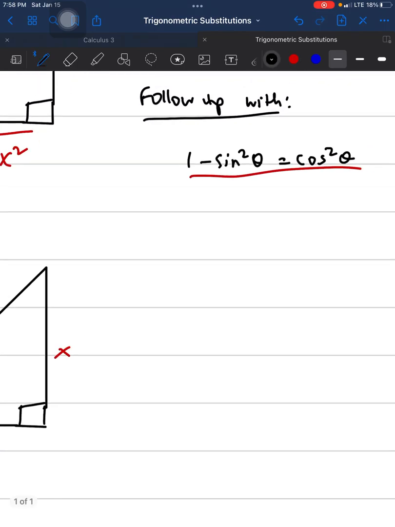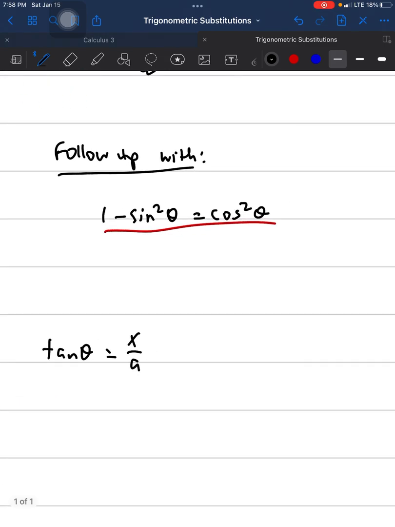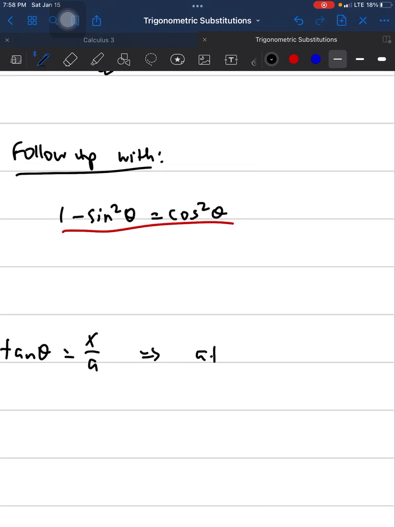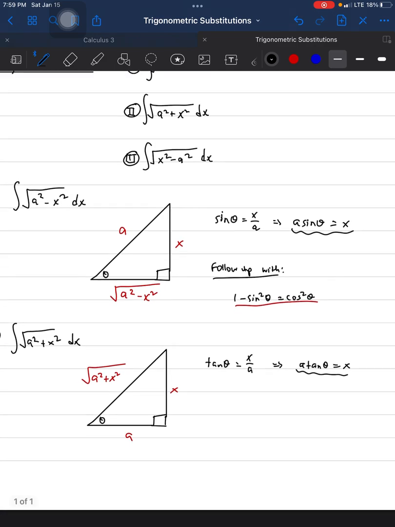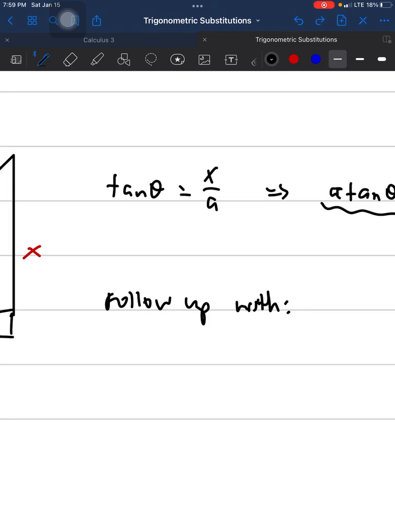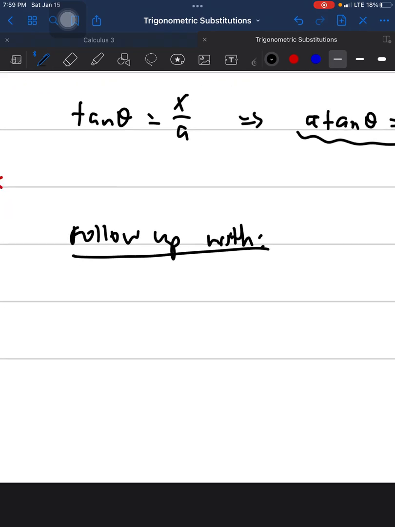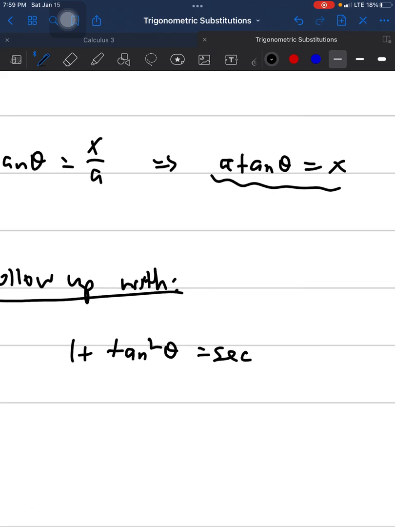So we put x over here and a over here, and we end up with tangent theta is equal to x over a. When you solve for x, we get a tangent theta is equal to x. We can substitute this into the original integral and then follow up with the trig identity, 1 plus tangent squared theta is equal to secant squared theta.